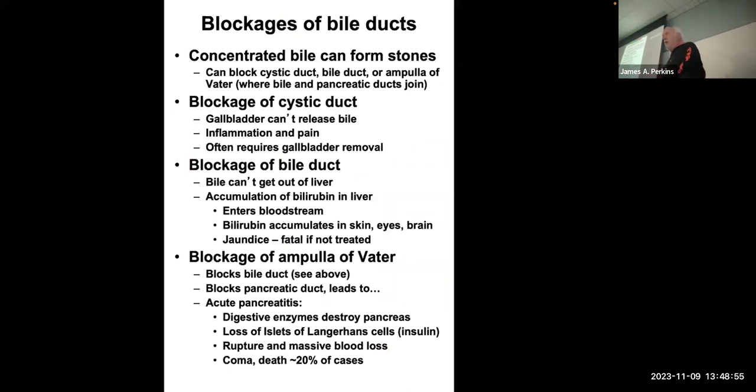It's a condition known as acute pancreatitis. This can lead to hemorrhage of the pancreas, massive blood loss, and destruction of the islets of Langerhans cells, so you lose the ability to produce insulin because you've destroyed the pancreas. These people can often slip into a coma, and about 20% of cases are fatal.